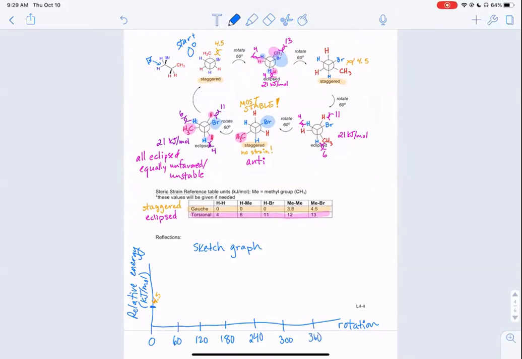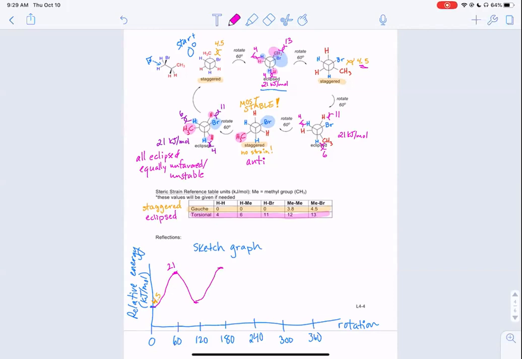Okay, so when we rotated it the first 60 degrees, we got to 21 kilojoules per mole. That was our eclipsed conformation. That's all the way up here. So when it rotates, it goes from 4.5 to 21. And then the next time it rotates, it went back to another 4.5. And so this is at 4.5 again. And then when it rotated again, it went back to 21, right? Same.